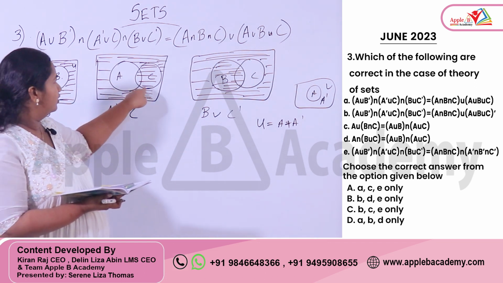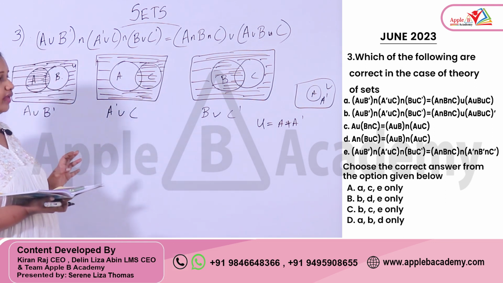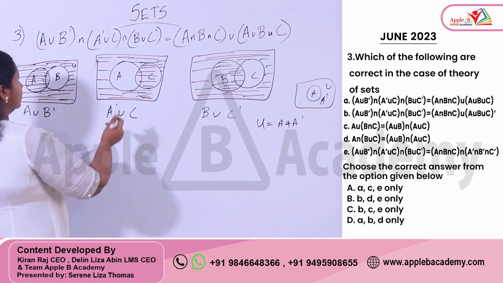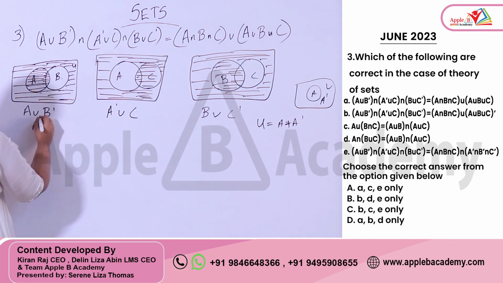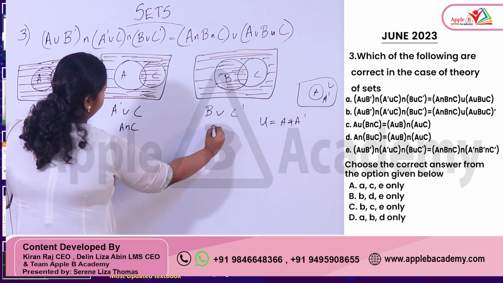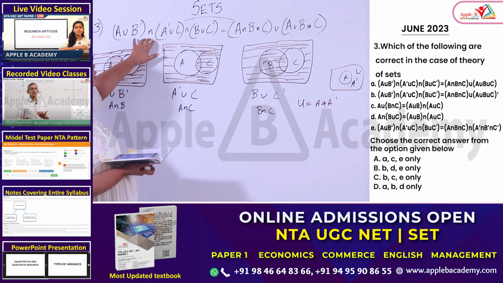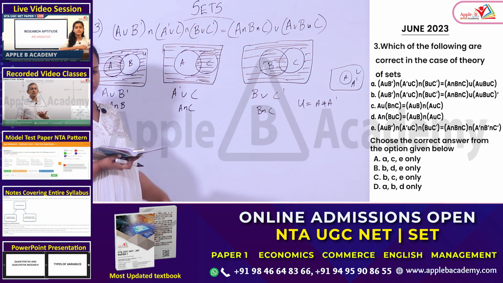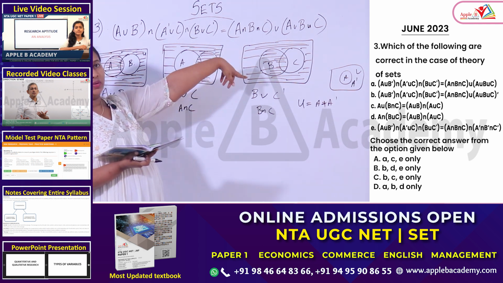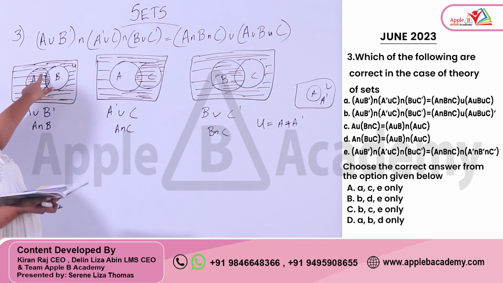This middle portion: A intersection B, A intersection C and B intersection C. Intersection means you take only the common area between these three sets. There is nothing common between A and C except this middle portion.